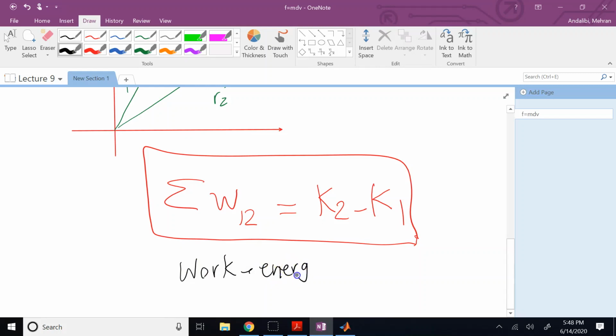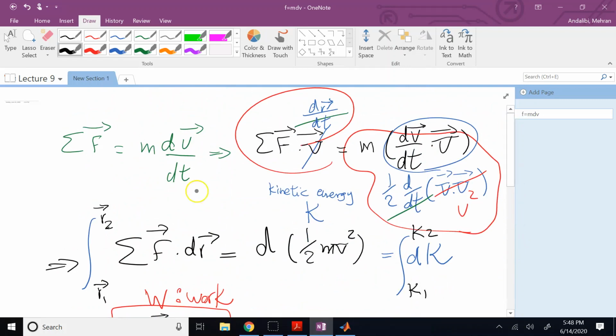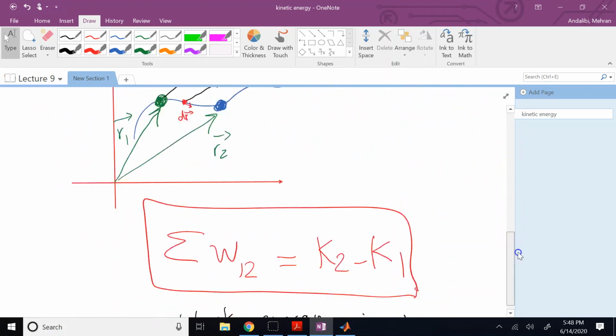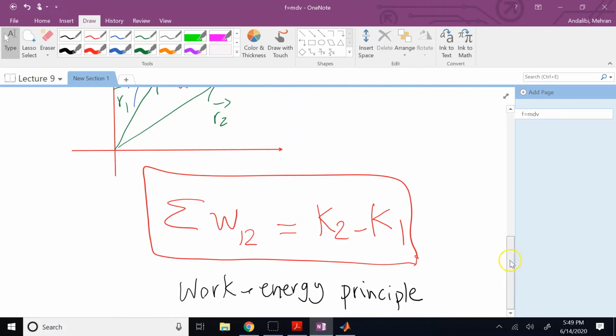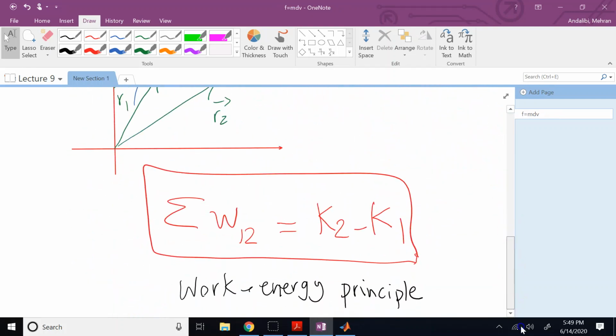And why might we sometimes use this instead of Newton's second law? Pay attention that this law is not separate from Newton's second law, because we started from there and we end up here. So they are equivalent formulations. It's not like one of them gives us one equation and the other gives us a completely different one. No, they give us the same thing, but sometimes this works a lot easier than Newton's second law for one reason.